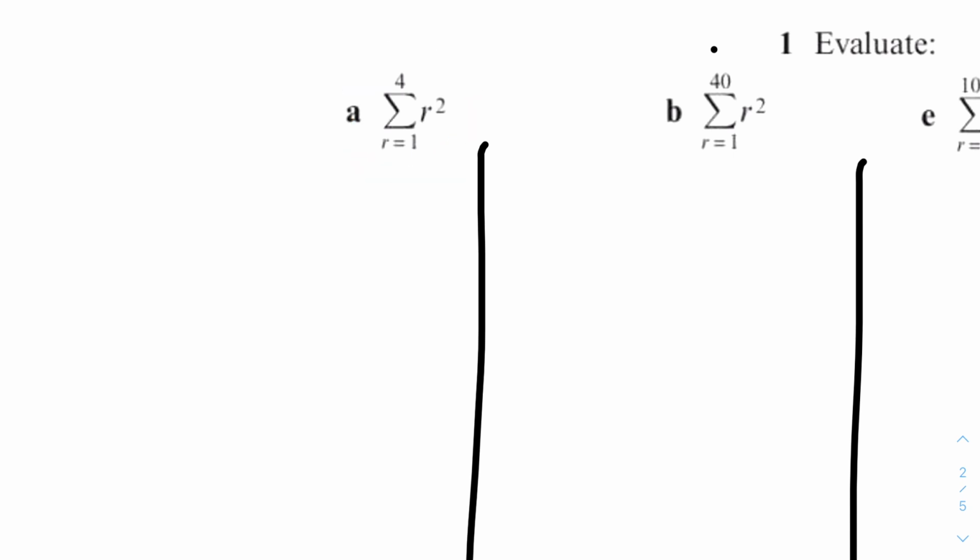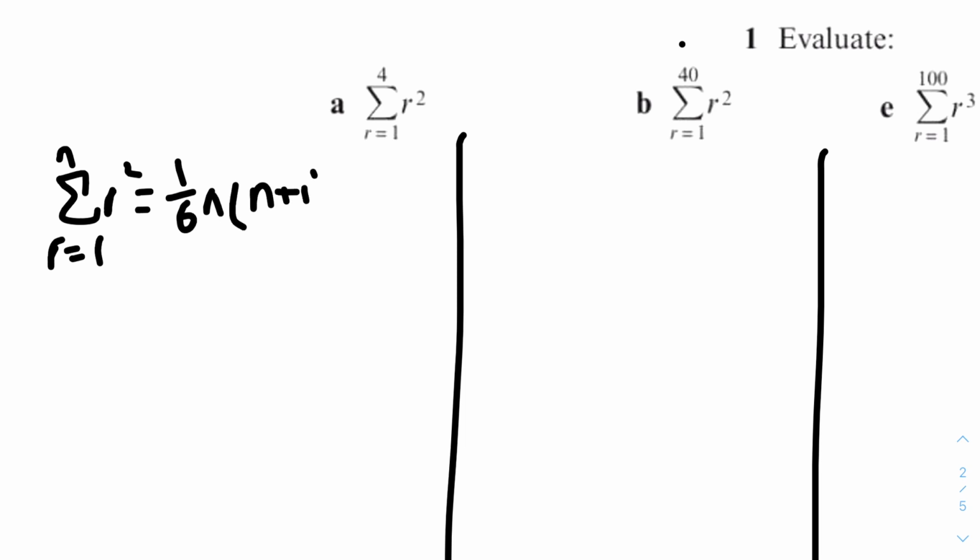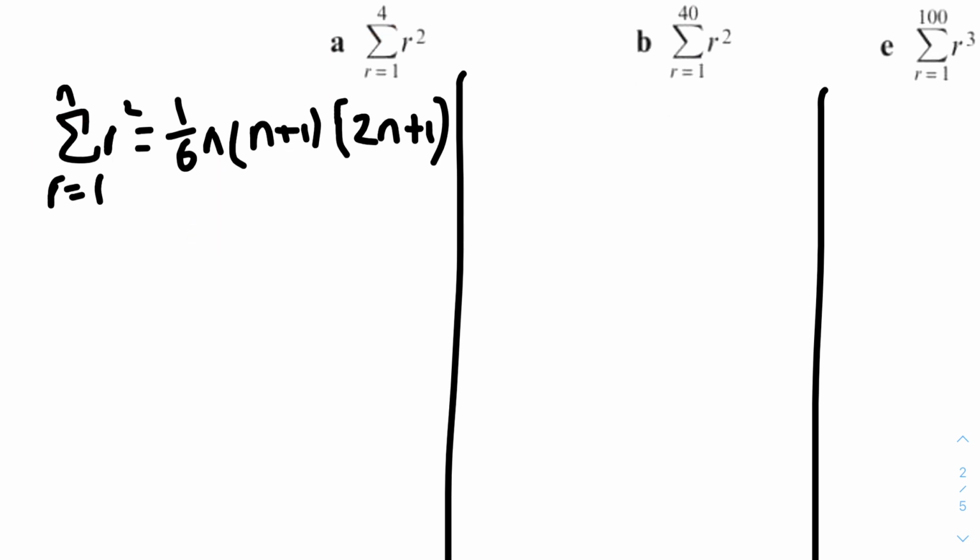So we know that the general sum of r squared from r equals 1 to n is equal to 1 over 6 n times n plus 1 times 2n plus 1, like so. So therefore we can see that in this case n is equal to 4. So we just have to substitute n by 4 in all these cases.